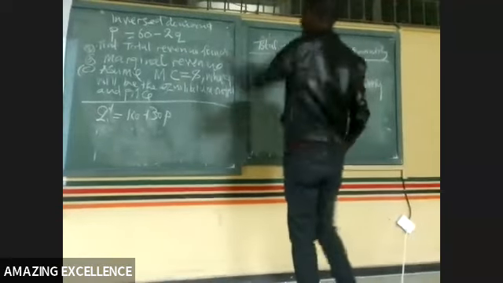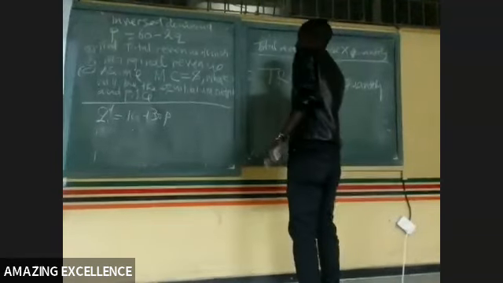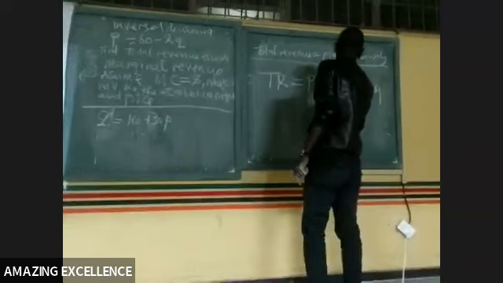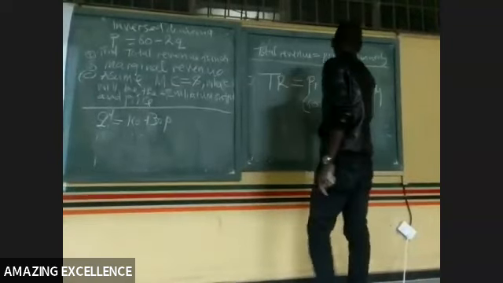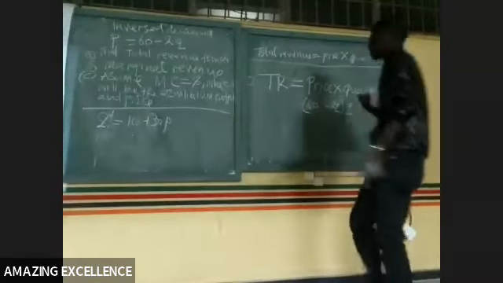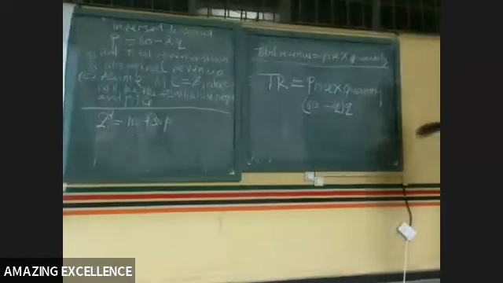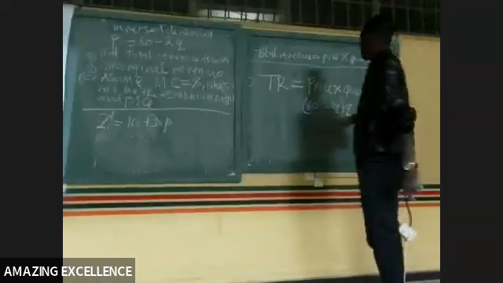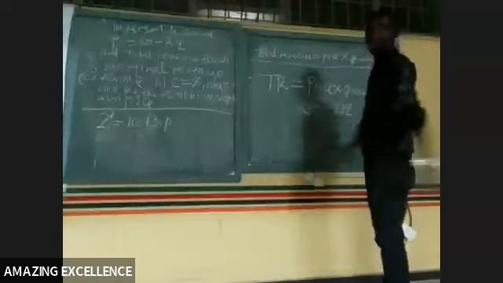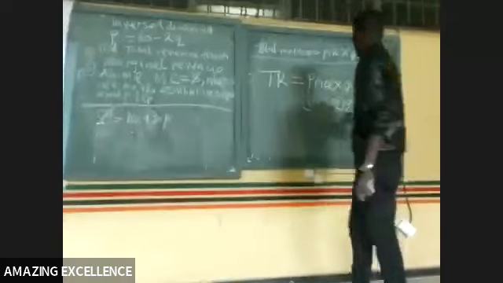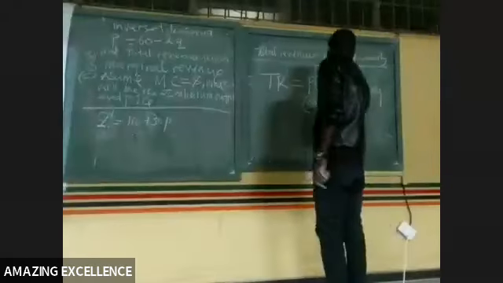So therefore, since we already have our P, what is our price? Our price is 60 minus 2Q, right? We multiply this by Q, by quantity, right? Just multiply that by Q. When we multiply throughout, like when you FOIL Q, what will it be?